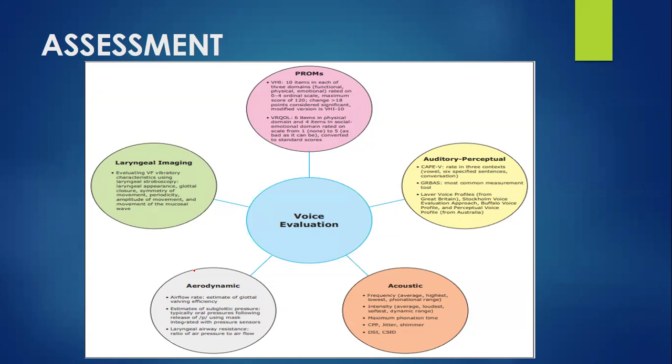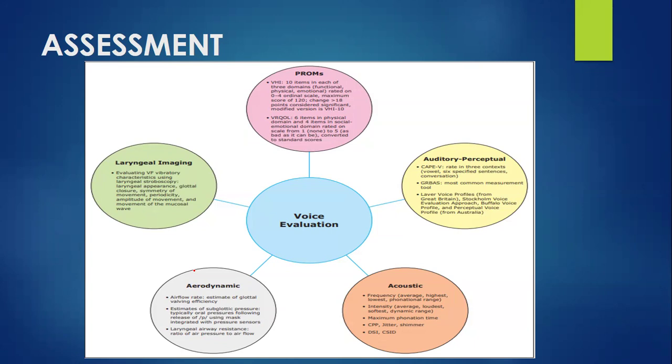Then they talk about auditory perceptual measures, and a few of the measures they mention are CAPE-V, which is a scale that was actually developed here in America by ASHA SIG 3, and it rates a person's voice production in 3 contexts: vowel, sentences, and conversation.